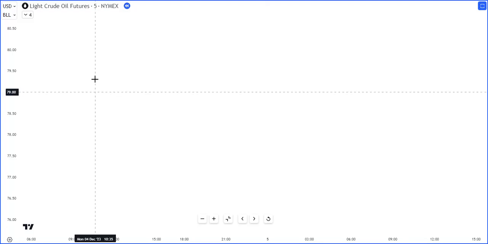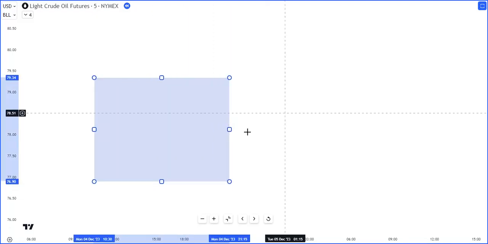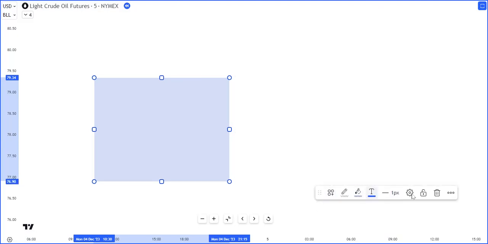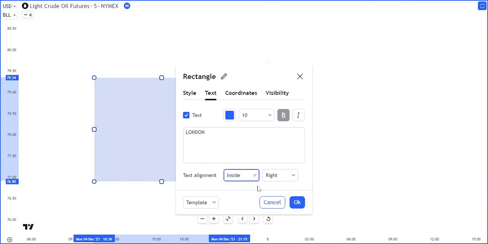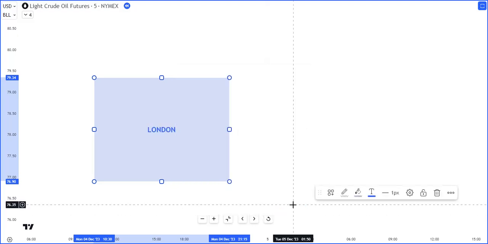So, first thing we need to do when we are trading within New York is identify our London range. We can say this whole entire range in here is our London range.